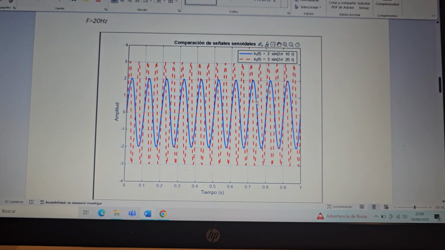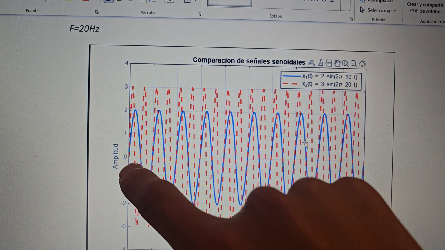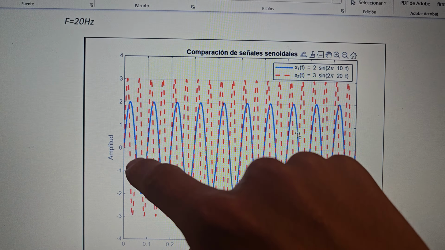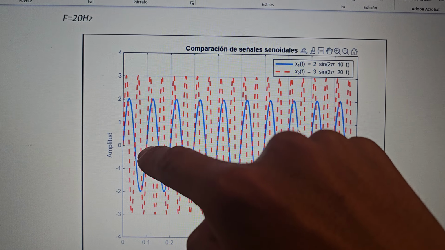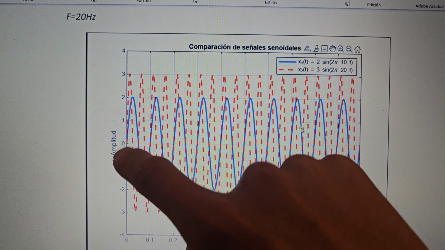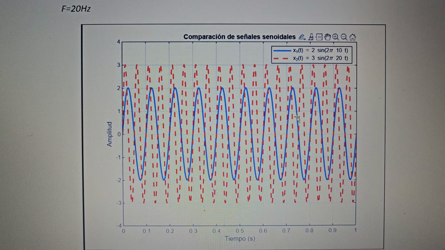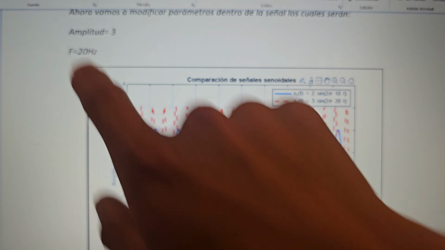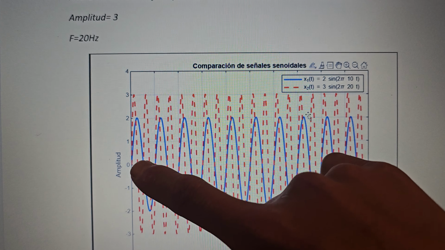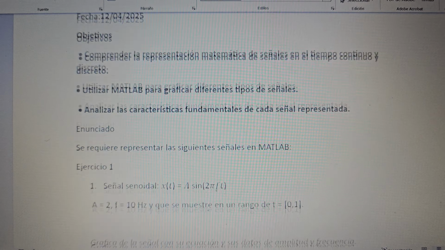To explain, it is a little bit interesting because the blue signal, that is the first period, has an amplitude from 0 to 2. But I changed the amplitude to 3, and the amplitude is going to be from 0 to 3.